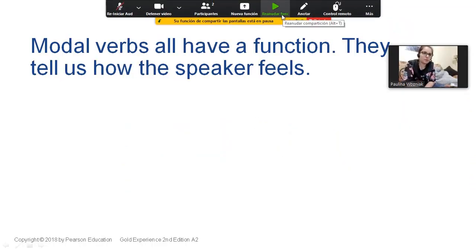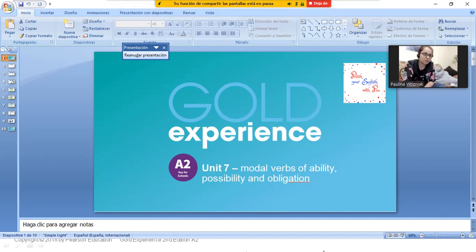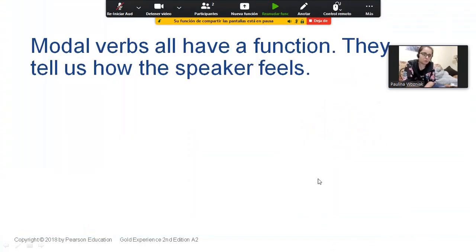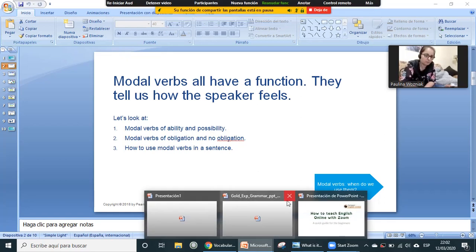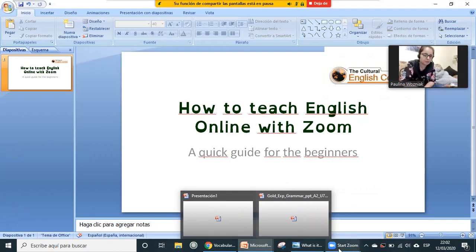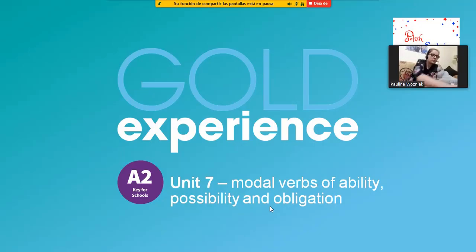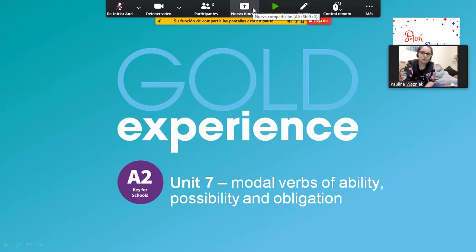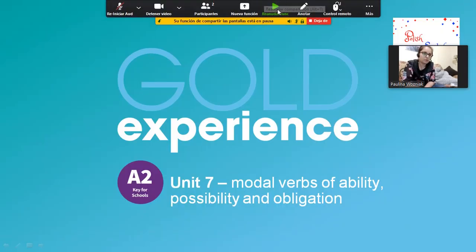And for some reason it says that the presentation sharing is on pause. Now this has never happened to me before. So let's have a look. Maybe it's because I have another presentation going on, and that's my dog in the background. So now I'm sharing this presentation with my students.